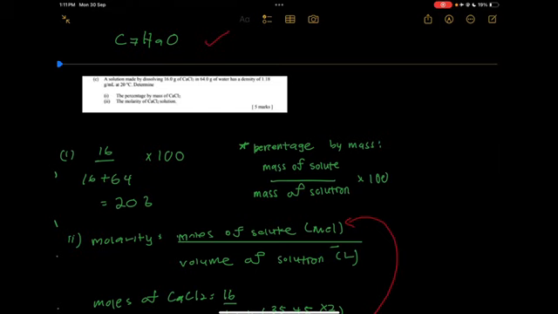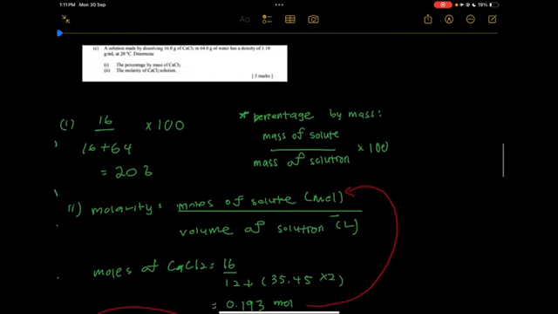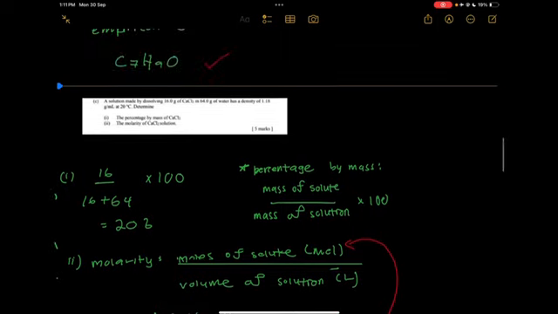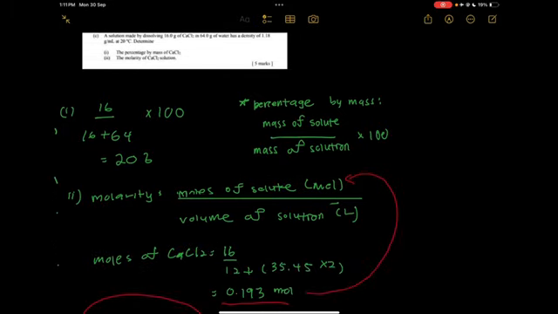So for question C1, the percentage by mass of CaCl2. We must use the formula mass of solute divided by mass of solution multiplied by 100. We can get the information from the question, and we will get the answer 20%.